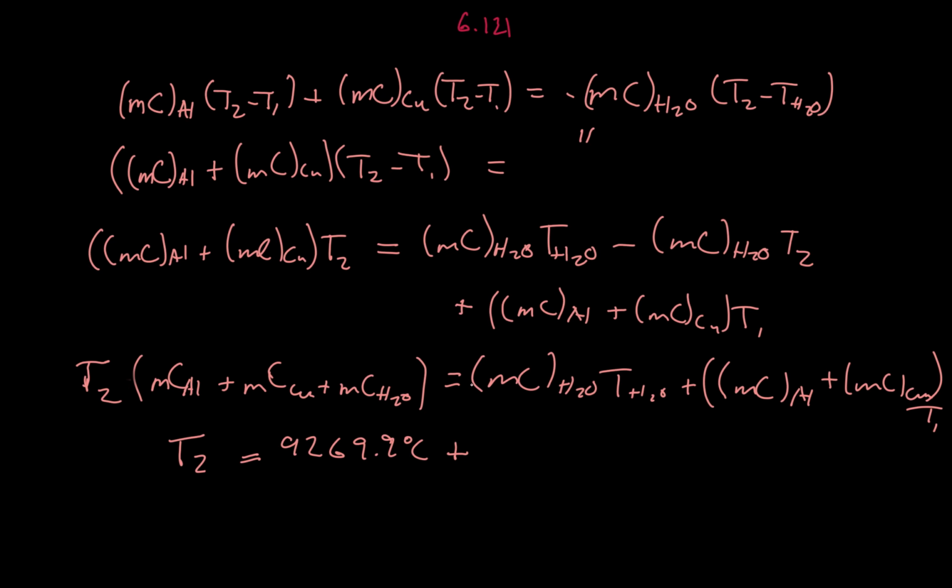Okay, so aluminum is first. 11.479 times heat capacity, oh, whoops, hang on, sorry, that's not the right value. 11.479 times 0.903.